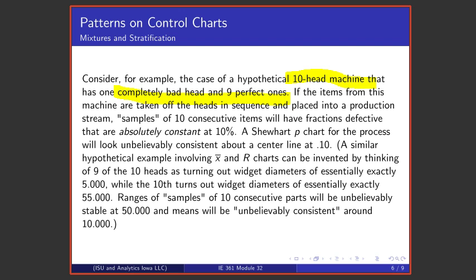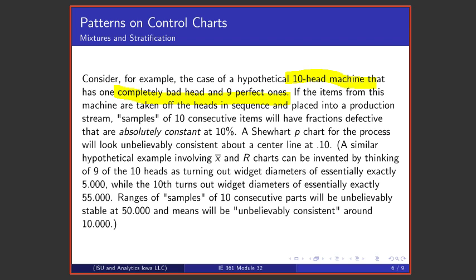What's going on there? Well, one has missed the fact that there are 10 different streams there, 10 different components of the data stream that are being sampled absolutely systematically. Those streams are all internally consistent.